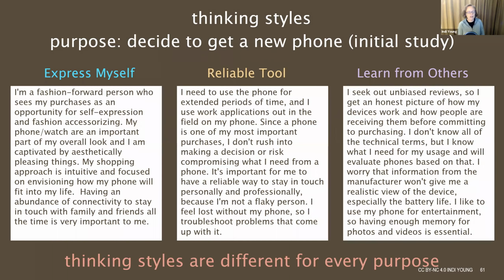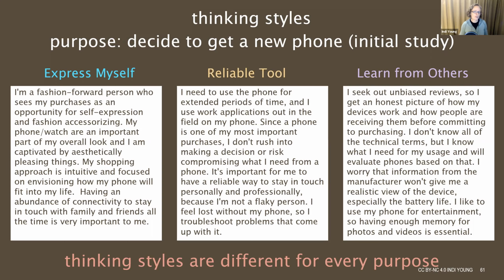So here is one set of example thinking styles where the purpose was decide to get a new phone. That is, it came up as 3 different ones in the initial study. We might do more studies and find a 4th one, or tweak one of these. You'll notice that it's not super deep. It's a series of summaries.